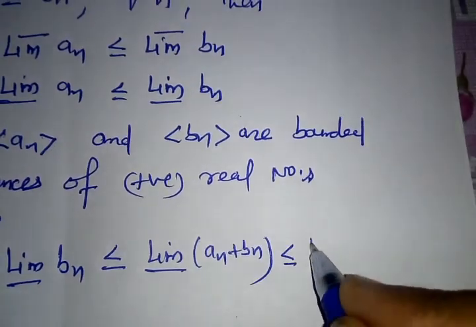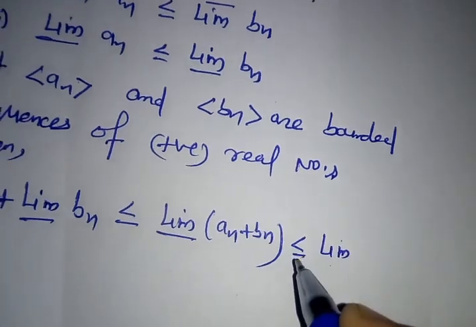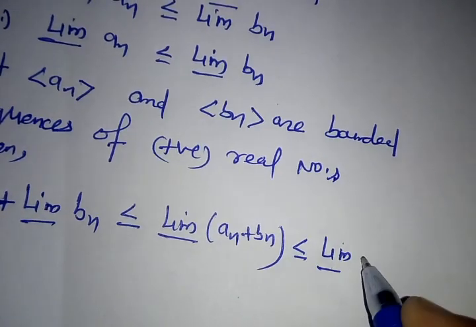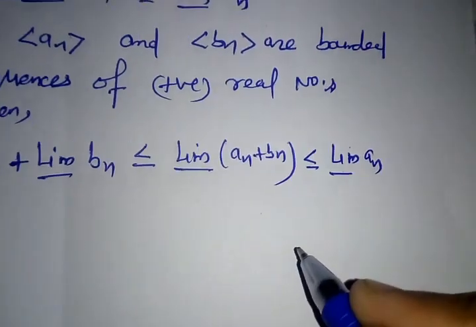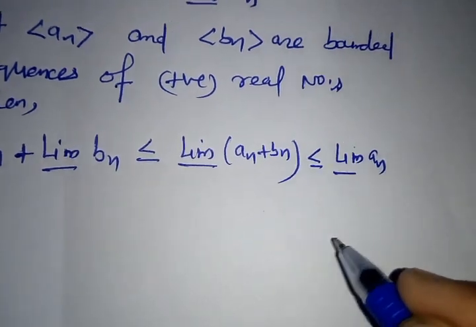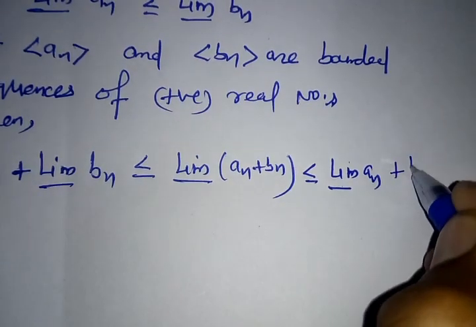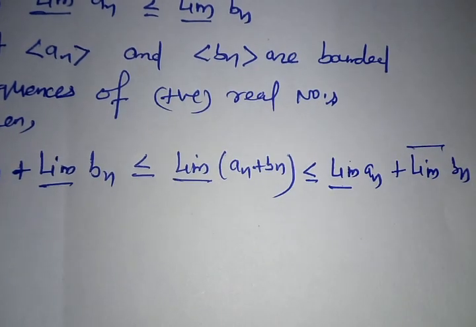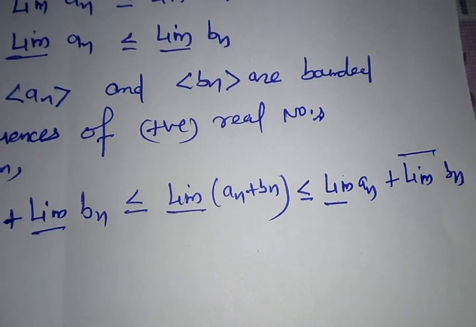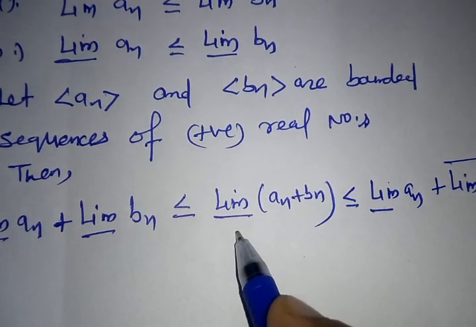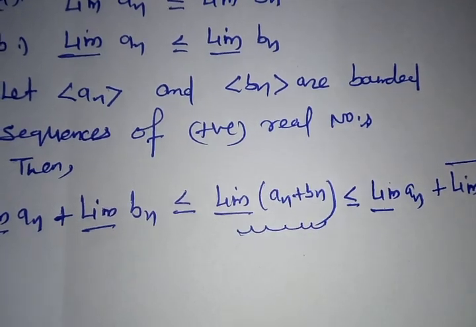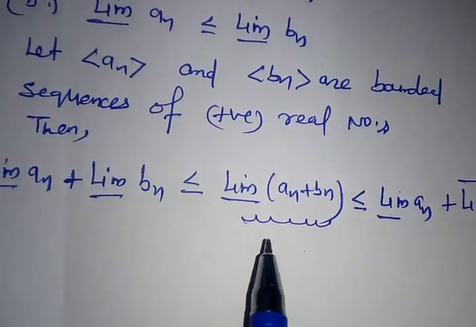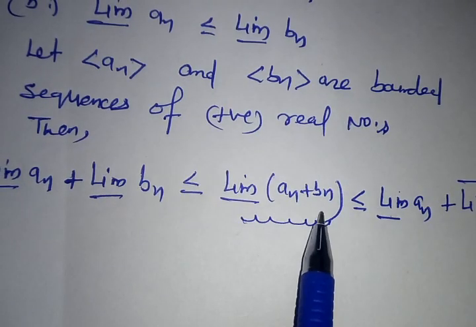to limit inferior of an plus limit superior of bn. So this is the condition for limit inferior of an plus bn.